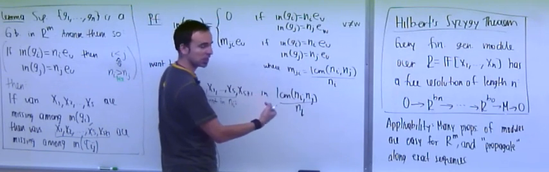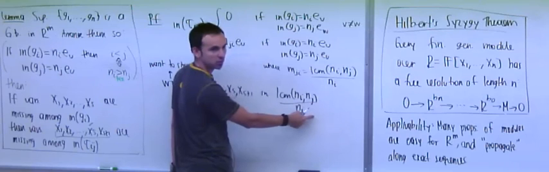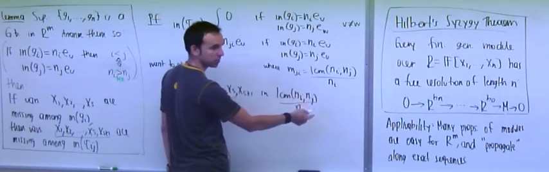So let's assume that this letter x_{s+1} appears either in the numerator or in the denominator. What I'm claiming is that it's going to cancel.